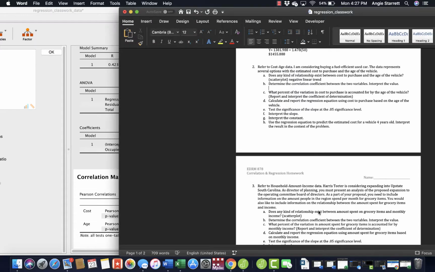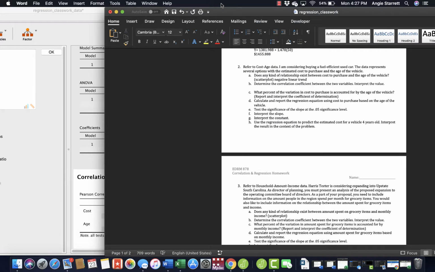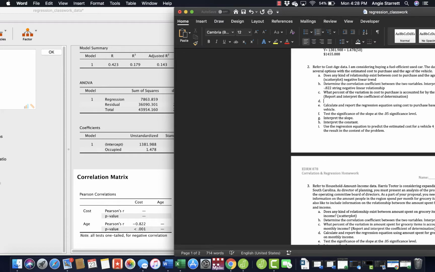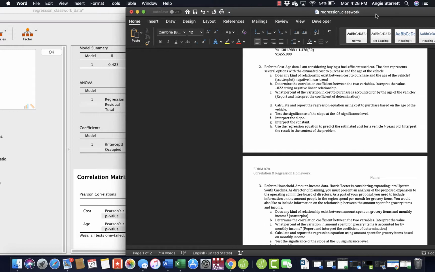And so we see this negative 0.822, which says there is a strong negative linear relationship. For the remaining questions, we're going to need our regression. Oops, and that should say strong, not string.